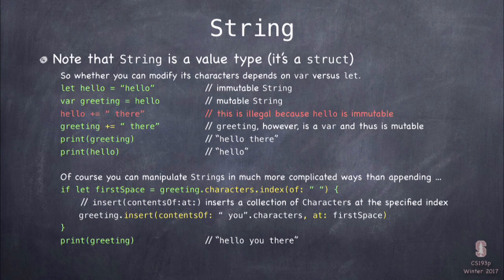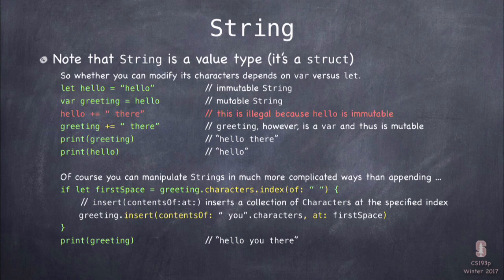Then there's a method in string called insert the contents of this collection of characters at this location, this String.Index. So when I want a collection of characters that represents space u, I say space u dot characters, because it's the dot characters thing that gives me a collection of characters for that string. Okay, so it seems a little weird, but it actually turns out to work out pretty well.